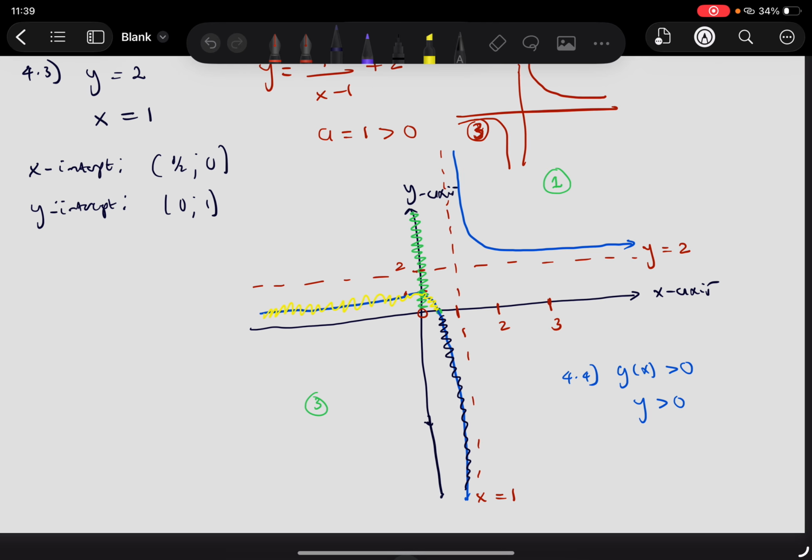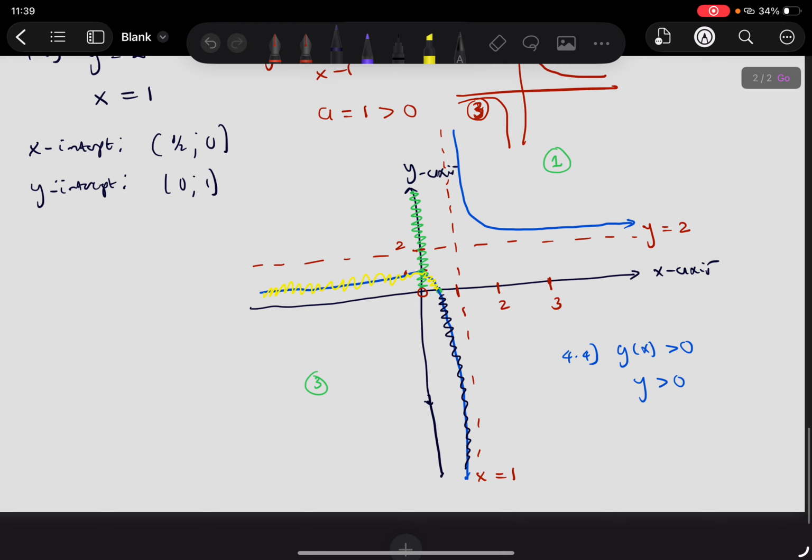So we're saying this graph is positive from negative infinity up until the intercept. At the intercept, our x is a half there. Because after a half, it continues being negative from a half until the asymptote.